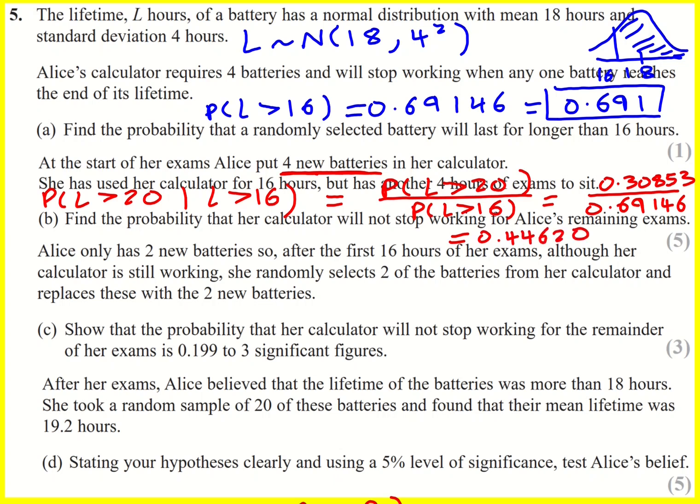Now I'm not rounding that because that is not my final answer. Remember, this is just for one battery. We need it to happen for all 4. And so you can imagine like a tree diagram, first battery, second battery, third battery, fourth battery, and we need all of them to not fail. So the actual answer is going to be 0.44620 to the power of 4.